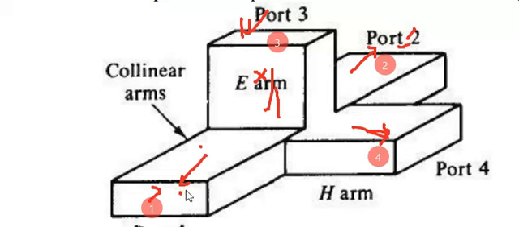If I consider port 1, the wave fed into port 1 does not appear at port 2. If the wave is fed into port 2, it does not appear at port 1. This is because the E arm causes a phase delay while the H arm causes a phase advance. And this is about the magic T.